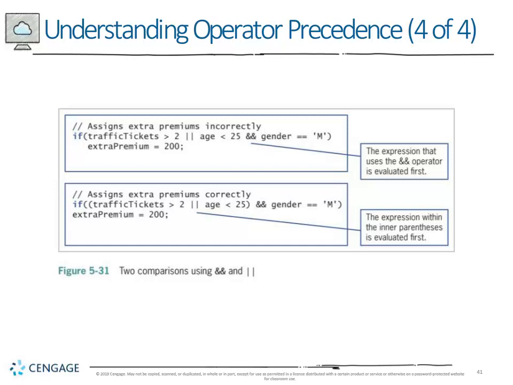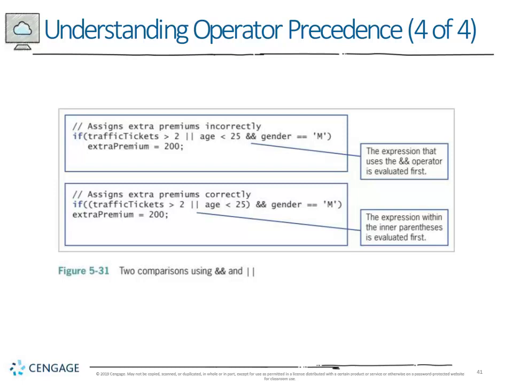So in the first segment, the AND operator is evaluated first. So actually the age less than 25 and gender equal to male is evaluated first. So this is not the first criterion. The correct criterion is more than 2 traffic tickets or is under 25 years old.